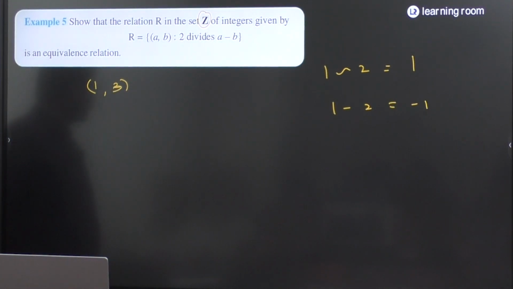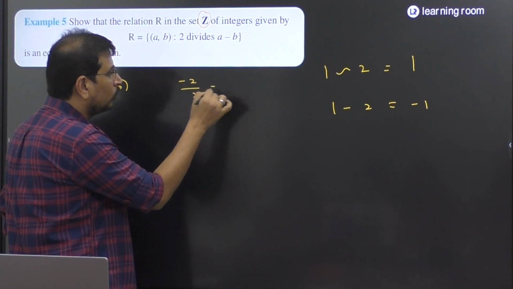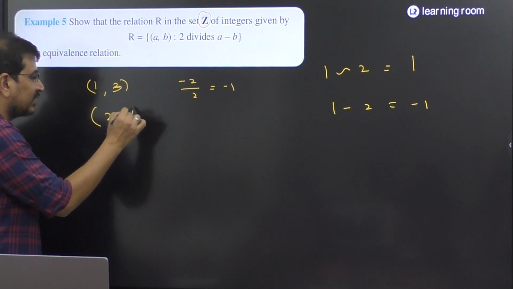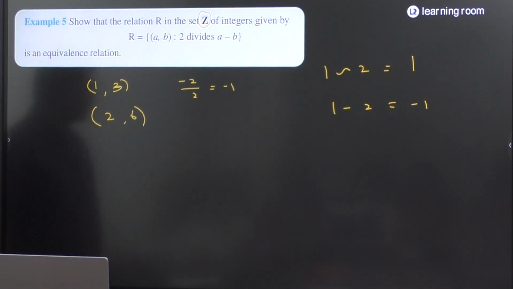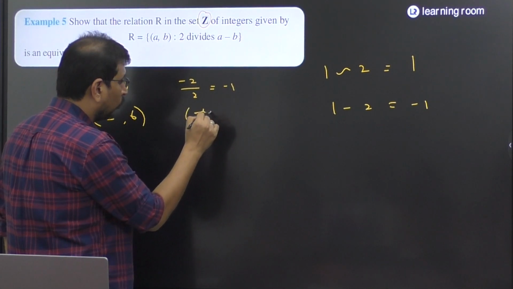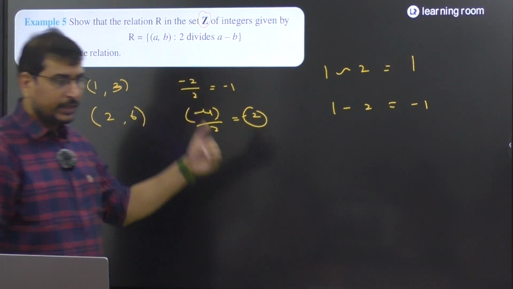Both are integers in the first place. And what is the subtraction 1 minus 3? Minus 2, and it is divisible by 2. I am getting a remainder 0. Similarly, if I take the numbers 2, 6, then minus 4 divided by 2 is minus 2. So I'm not going to take a generic value.